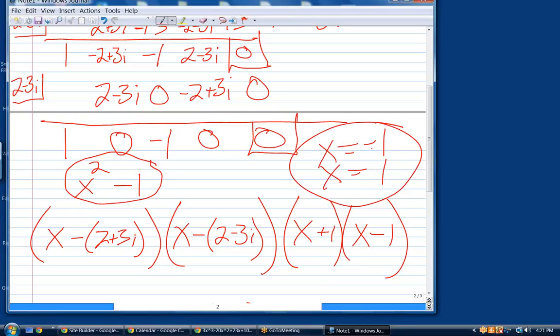And notice that if you stop at the end of the first division and you end up with this cubic with imaginary coefficients, that becomes problematic. I don't even know how to deal with a cubic with imaginary coefficients. But always know that when you do the second division, you're going to eliminate all the imaginary numbers and you're going to end up with a quadratic.